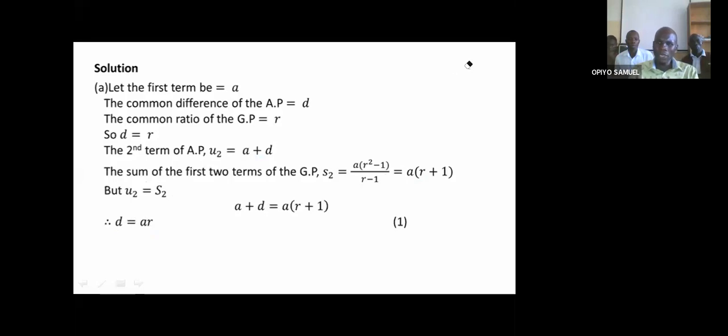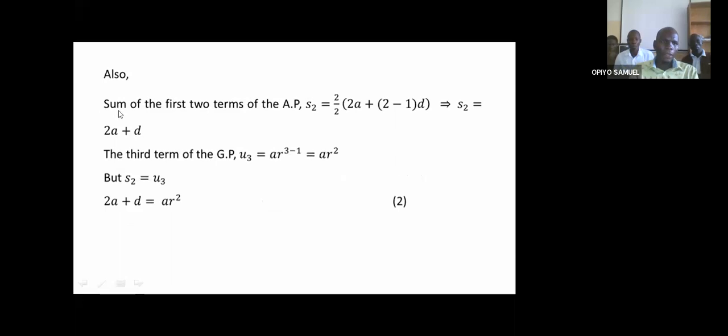But the question continues and says, the sum of the first two terms of the AP, which is denoted by S2 still, and we see that S2 is equal to 2a plus d, is equal to the third term of the GP. And the third term of GP is given by ar to power 3 minus 1, which is ar squared.